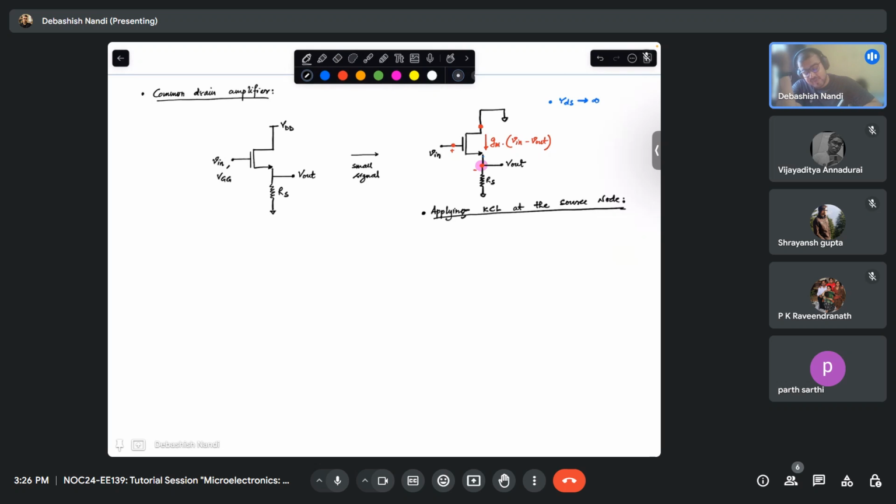So what is the current coming into this node? gm times V in minus V out. And what is the current going out of this node? This current is going out, right? What is this current? This is ground. So what is this current?